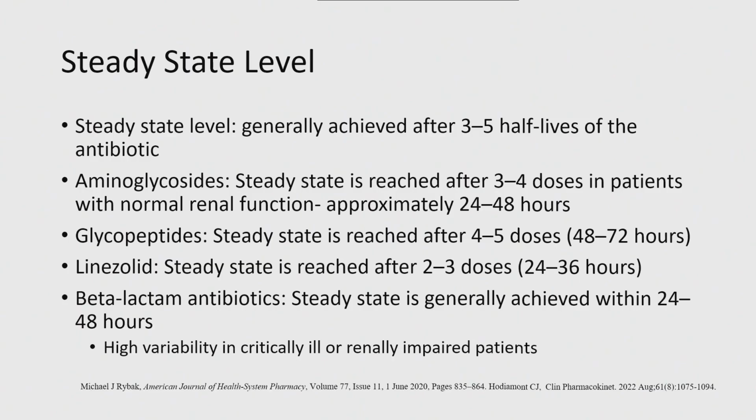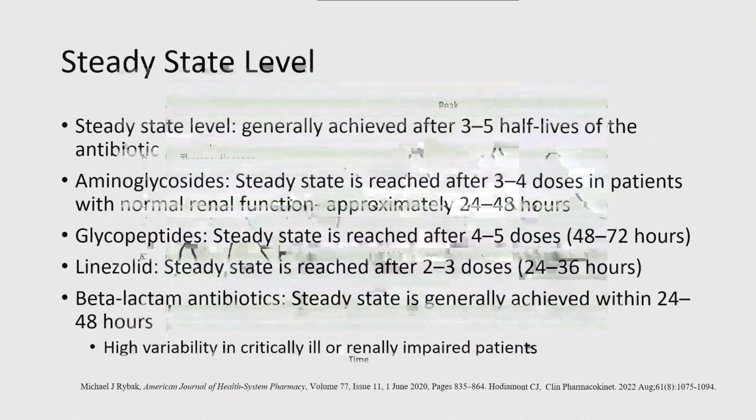To understand what a steady state level is, I think this is a very important concept that we need to understand. For most antibiotics, the steady state level is achieved after 3 to 5 half-lives of the antibiotic that we are using. So what is steady state level? Let me take you to the slides.